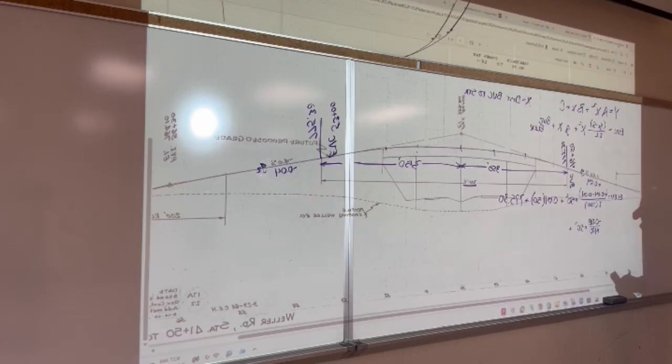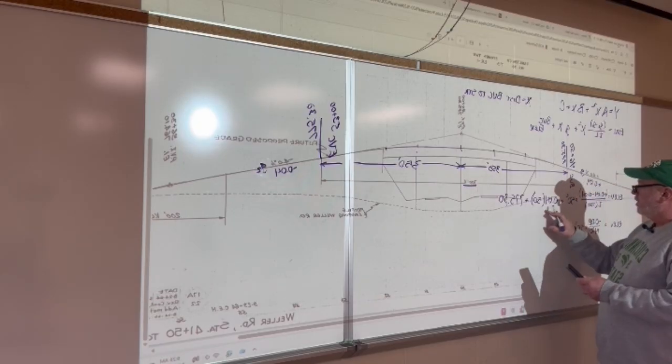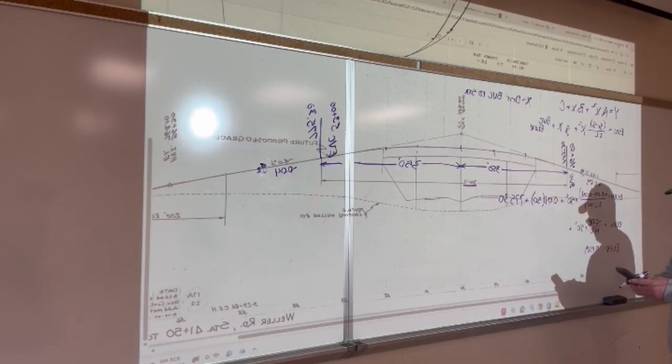Let me jump this far here. Let's see, 0.04 enter 50 times.